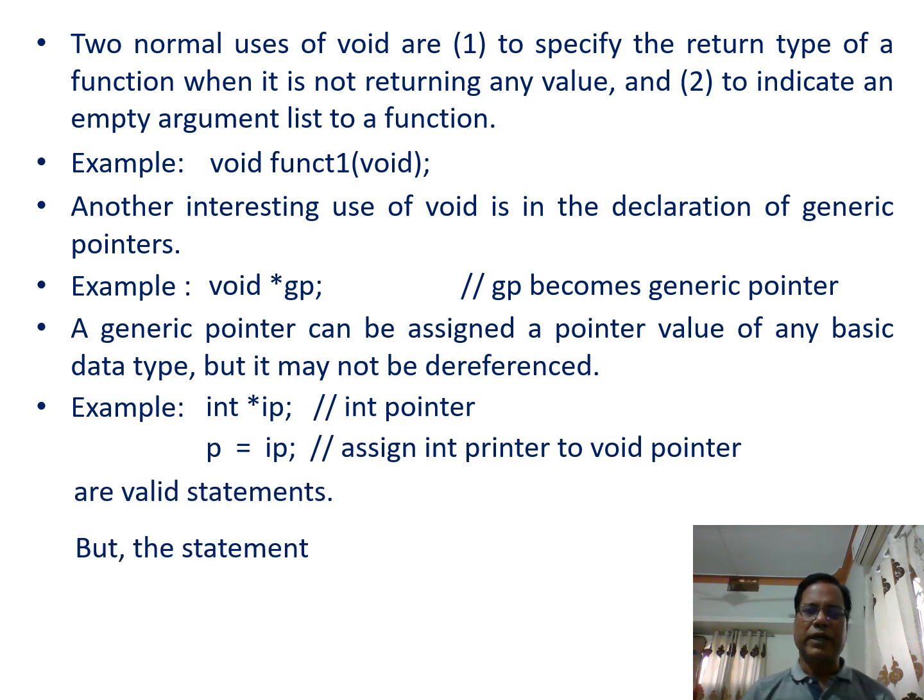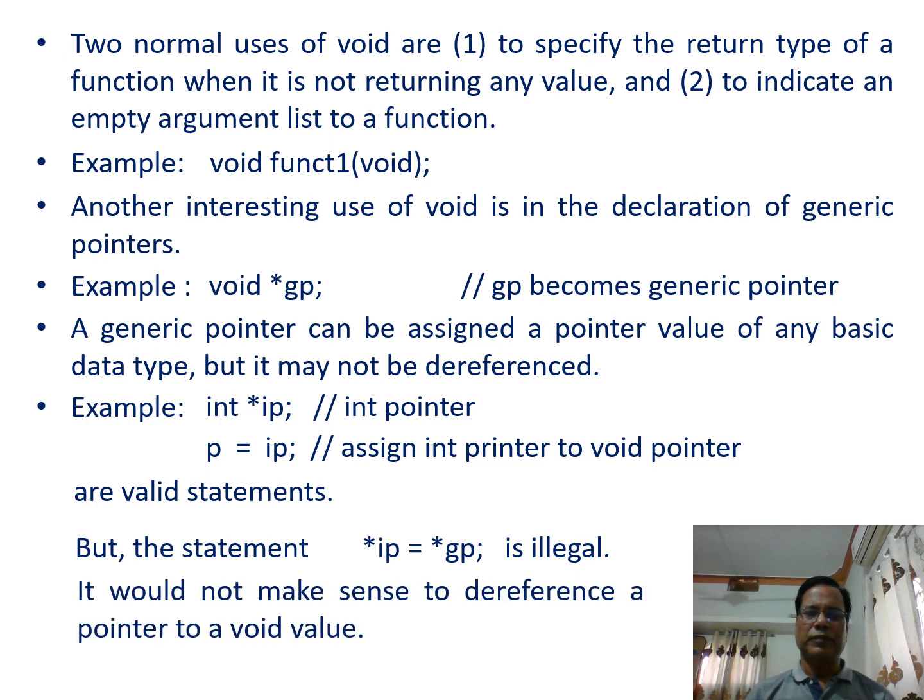That is a valid statement, but the statement *ip = *gp is an illegal statement. We can't do this. It would not make sense to dereference a pointer to a void value.